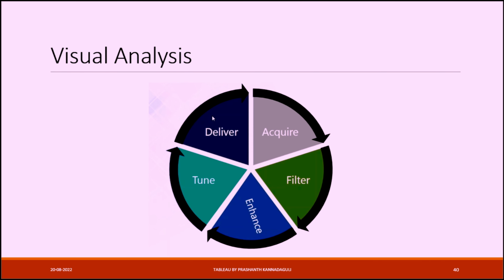Plotting can be used at any point here. I acquire, I plot, I see that this data is not good, I filter it out, and once again I plot. So plotting is there in every aspect of this cycle. You see something not good, enhance, visualize; something has to be modified, tune it, visualize again. If everything is fine, you deliver. Deliver means you present.